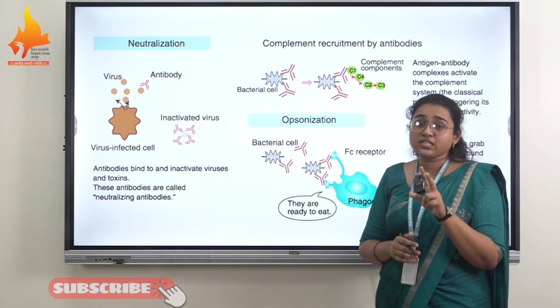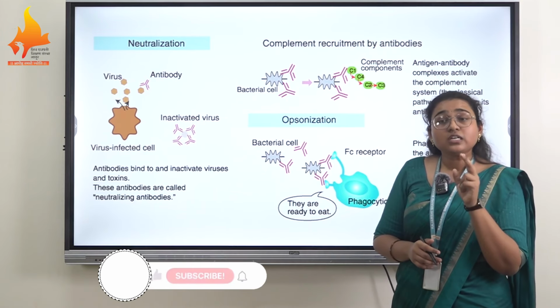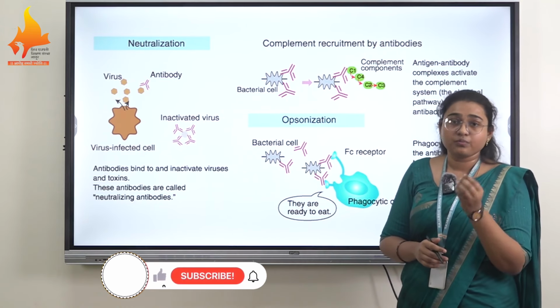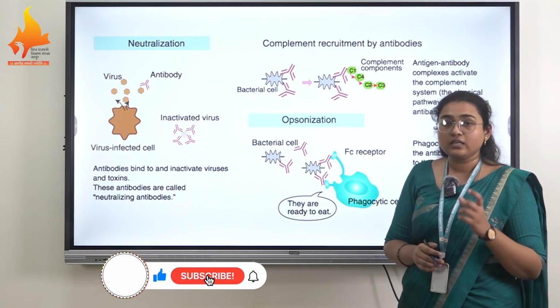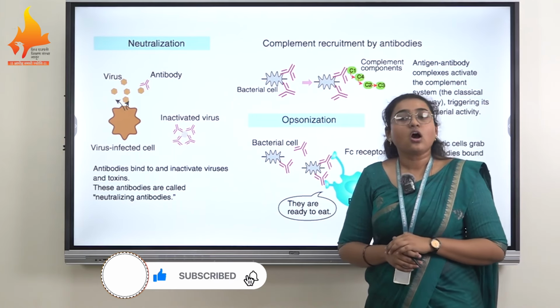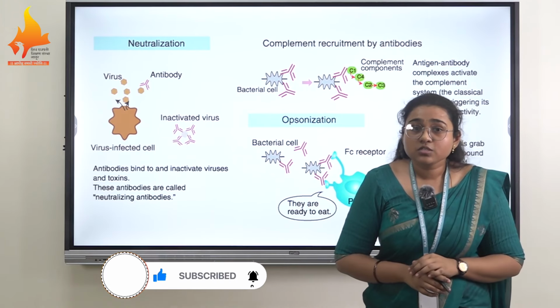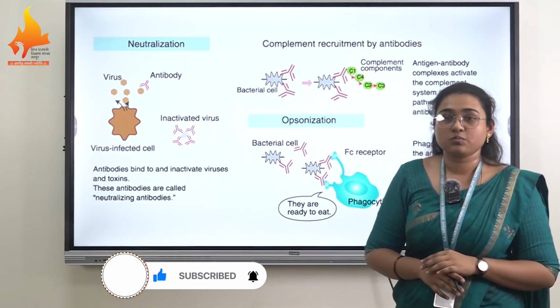It is a fast reaction due to the immunological memory stored in the form of B lymphocytes or T lymphocytes, also called B memory cells and T memory cells. So this is all about the humoral immune response and cellular immune response.